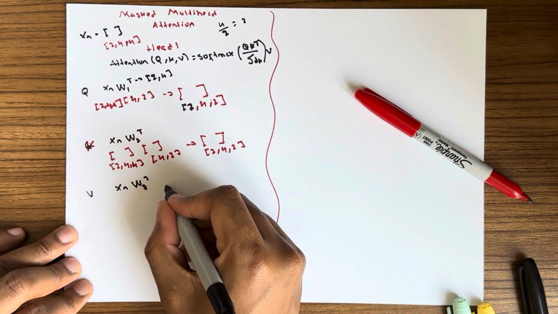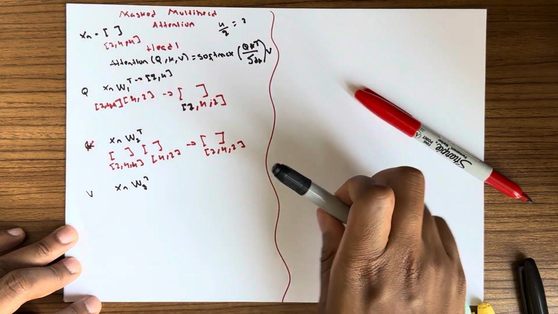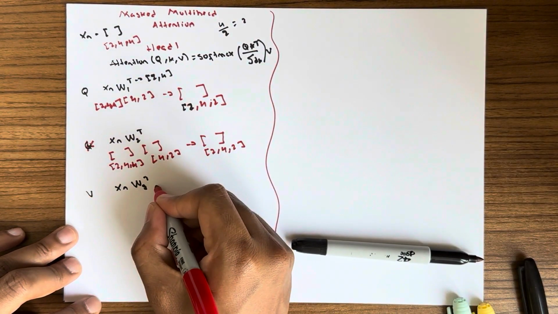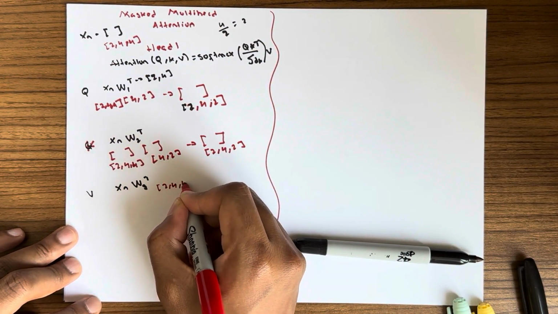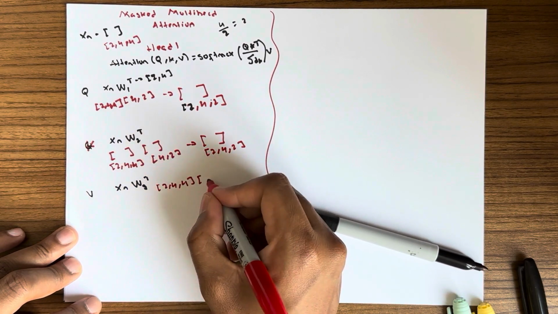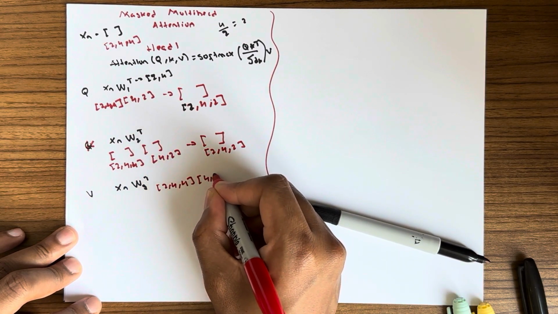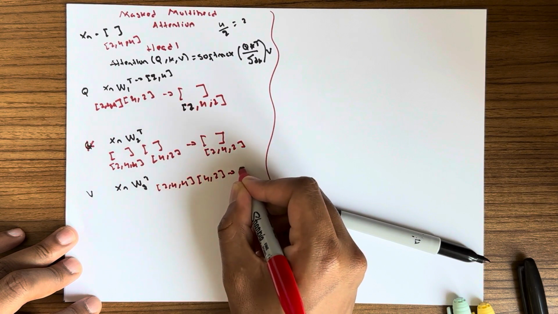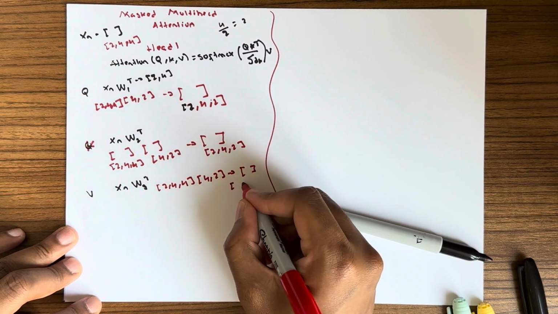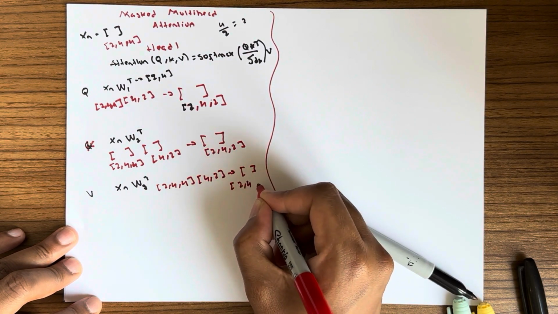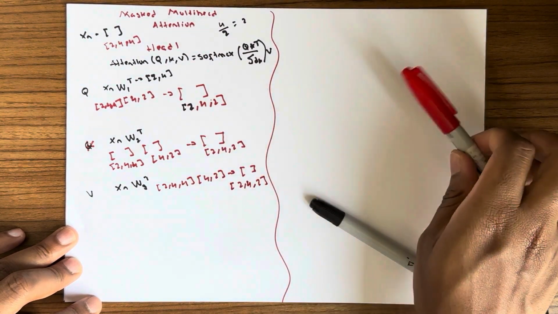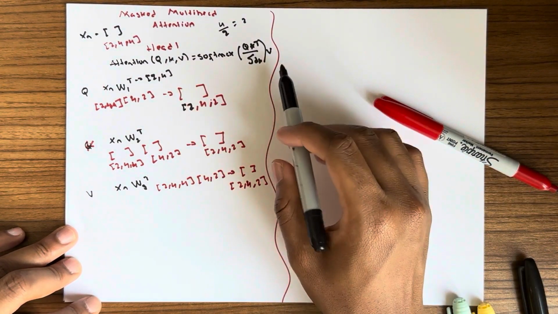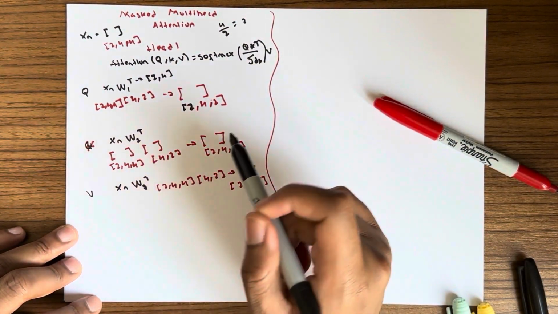So xn is 2 by 4 by 4, and w3 is 4 by 2, and that results in a tensor of 2 by 4 by 2. Now we are done with this computation.